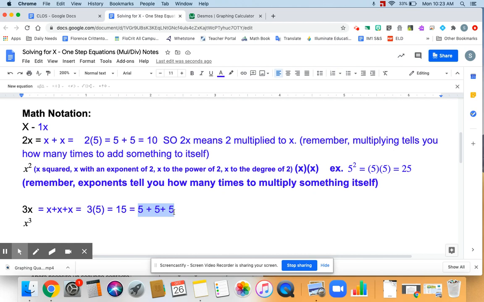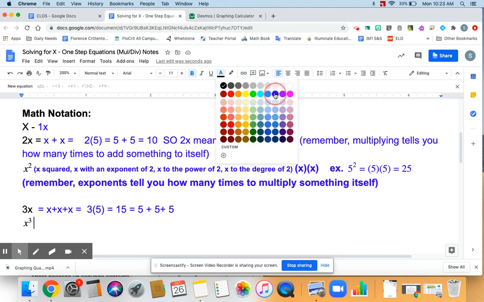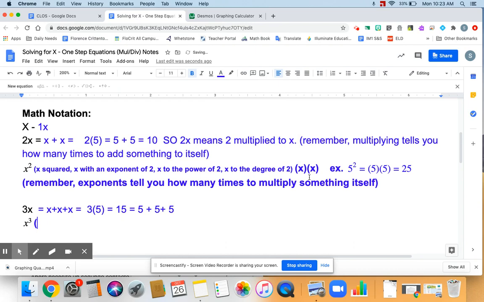Versus x to the power of 3, or to the exponent of 3. There's a few ways to read this one. The most common way is to call it an x cubed. Little 3 means cubed.